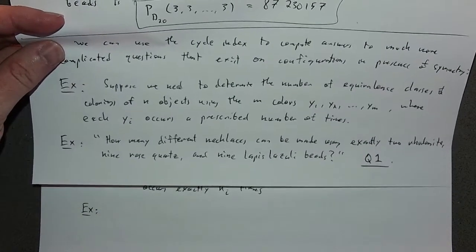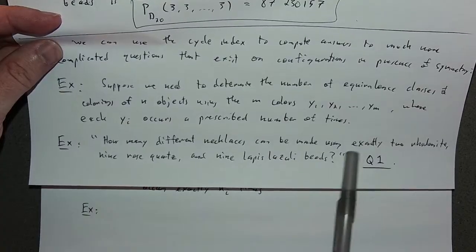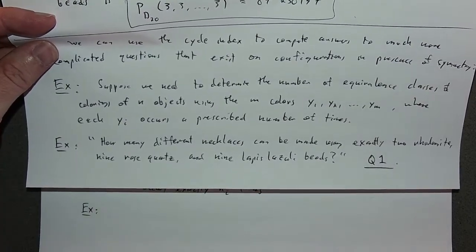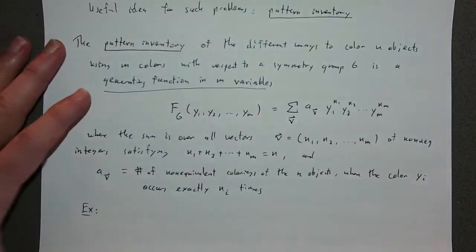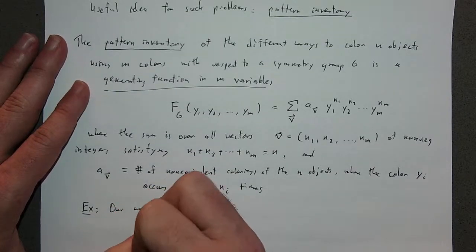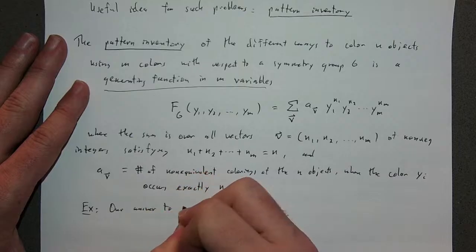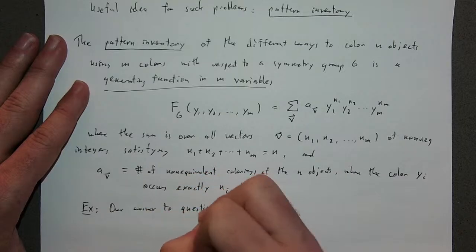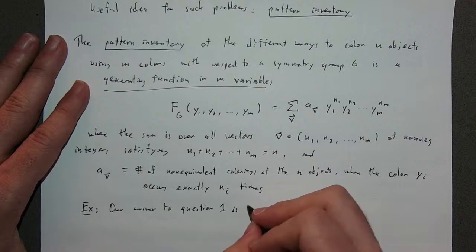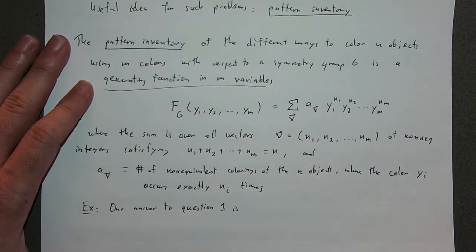So here it is on screen again. How many different necklaces can be made using exactly 2 rhodonite, 9 rose quartz, and 9 lapis lazuli beads? Okay, so our answer to question 1 is given by the following.